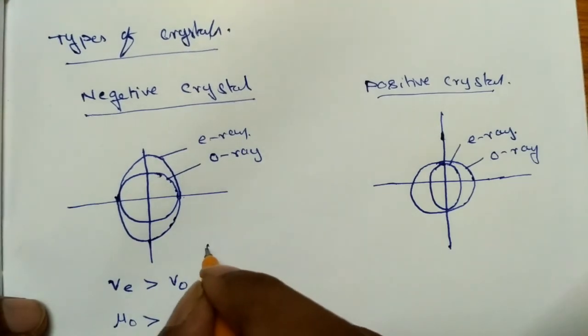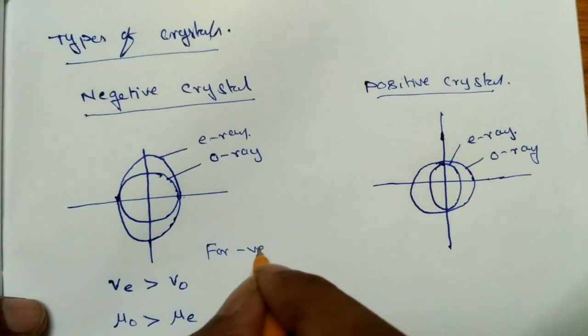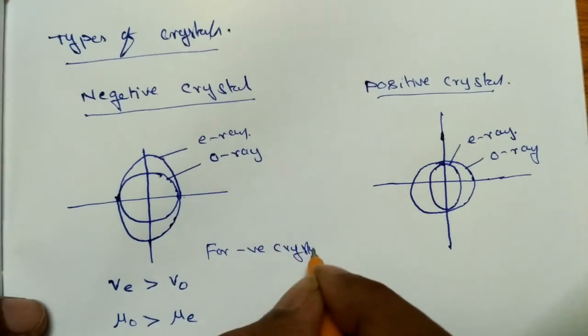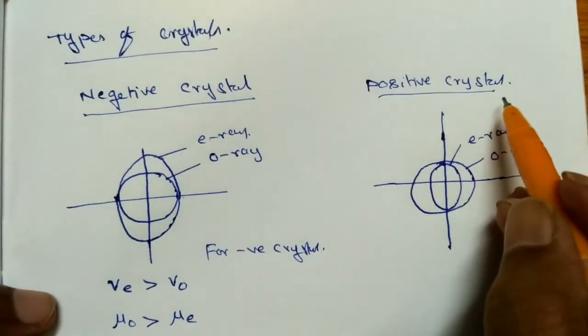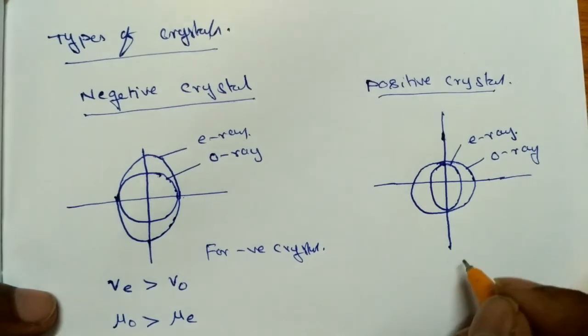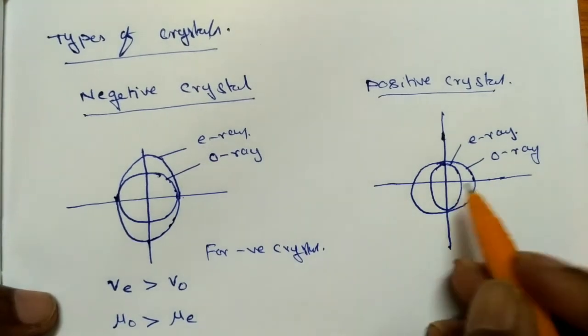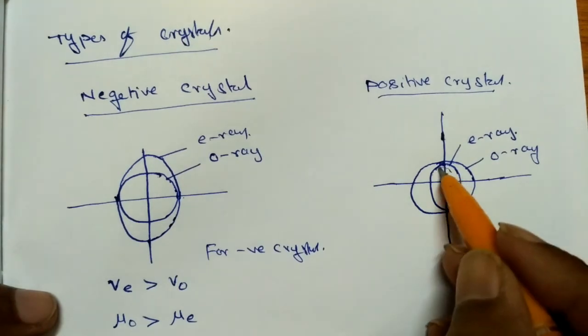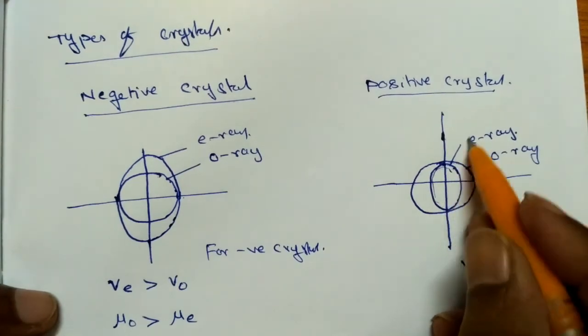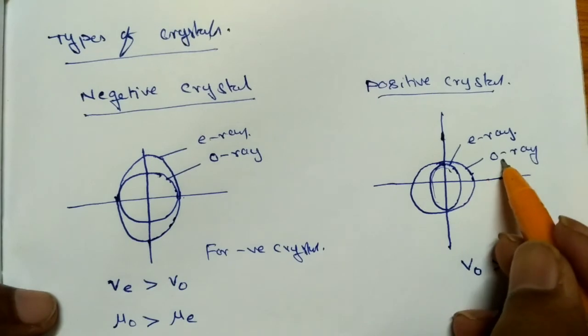So this is for negative crystals. In the case of a positive crystal, the velocity of the ordinary ray is greater than the velocity of the extraordinary ray. This is the elliptical shape, the E ray, and this is the circular shape, the O ray.